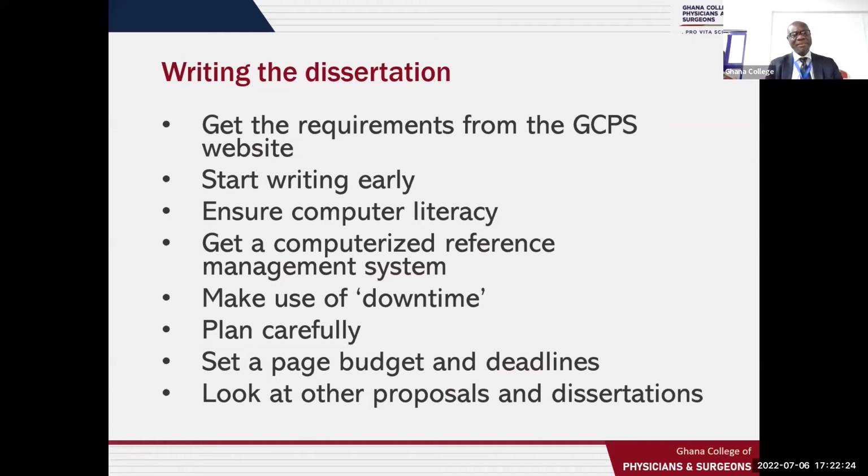The current dissertation guidelines talk about a 120-page limit. We're going to revise that and use a word count, because it's been seen that with a page limit, people do things like blow up one big pie chart just to make up one page, and then one of the 120 pages is gone. We're going to set word limits now.